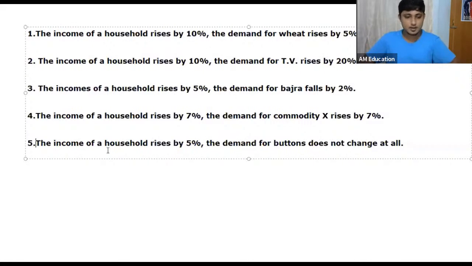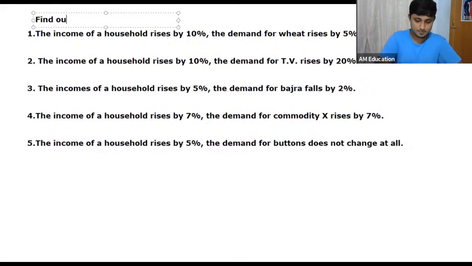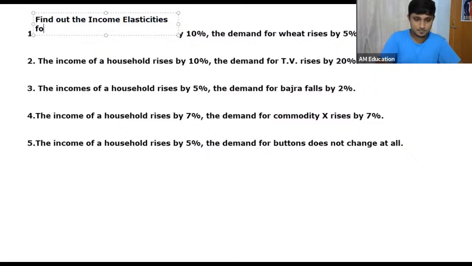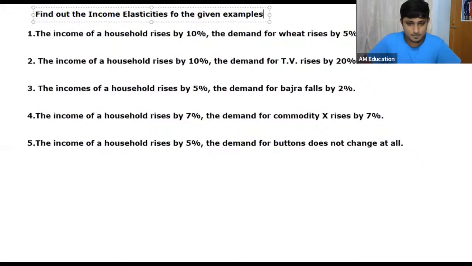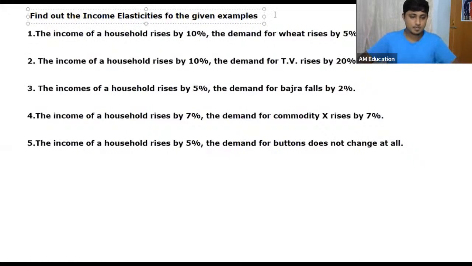First, for all of these, find out the income elasticity.